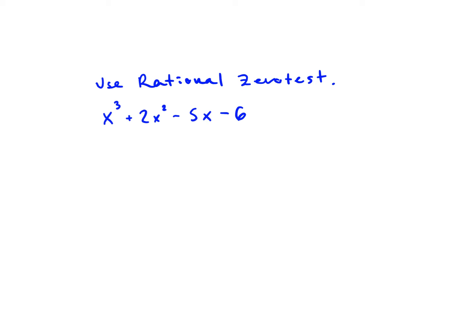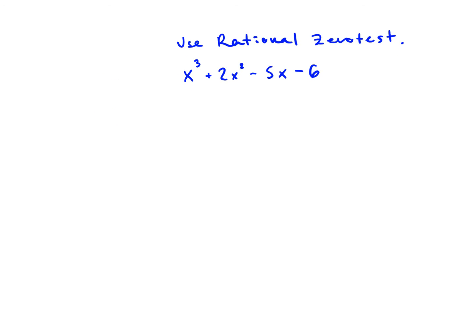So if this said, use the rational zero test to find the factors, and we have x cubed plus 2x squared minus 5x minus 6. Where do we start? 6 is the p, x is cubed.